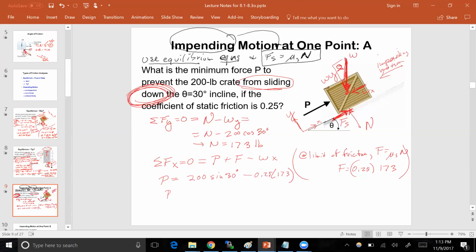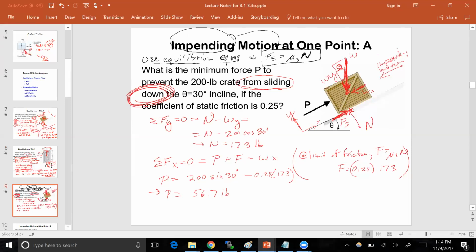And it turns out that P is going to equal 56.7. Okay, P is 56.7 pounds.